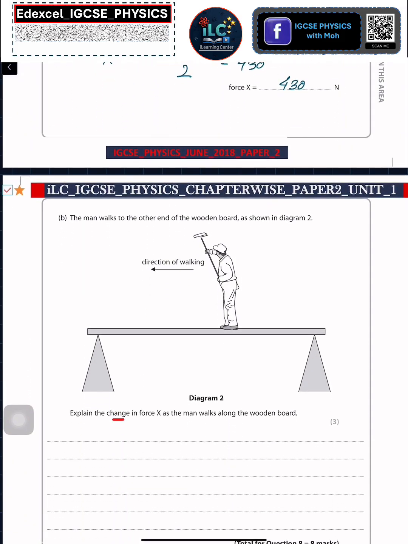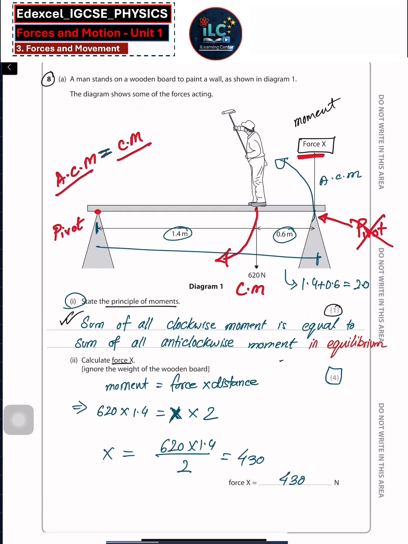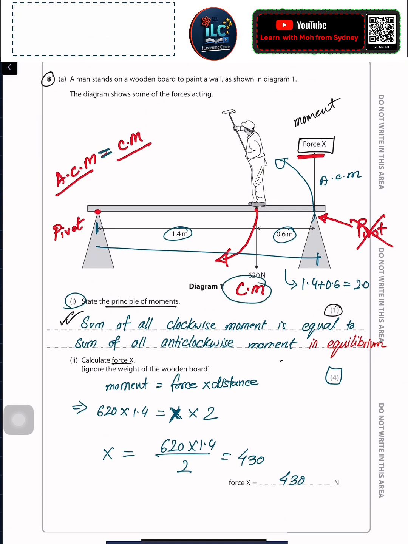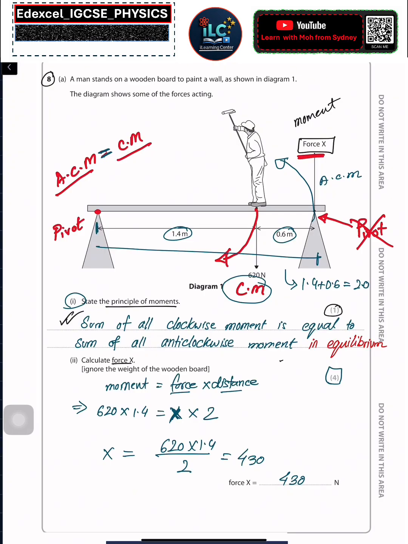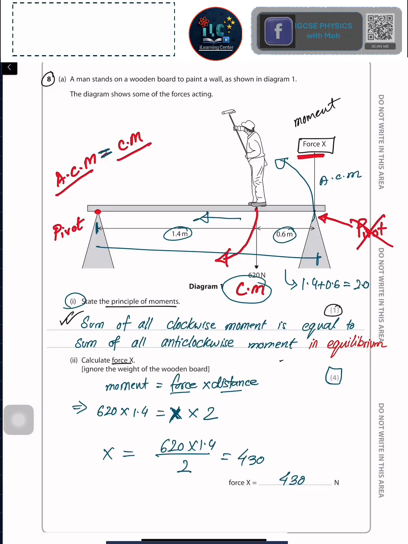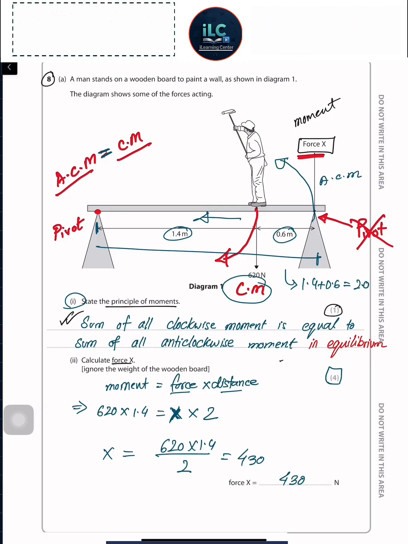Now here it says that the person is moving on this side. So what happens if the person is moving that way? Because moment is equal to force into distance, if he moves to this side, that means this distance that you have here will start to get reduced.